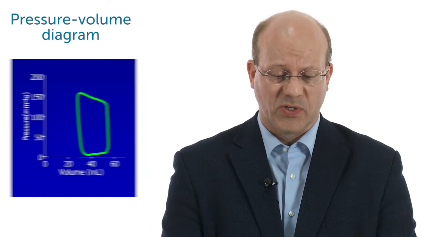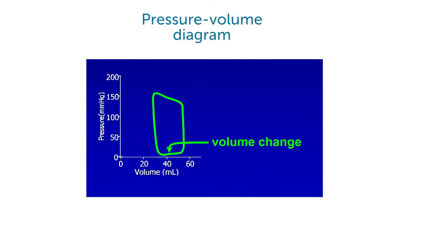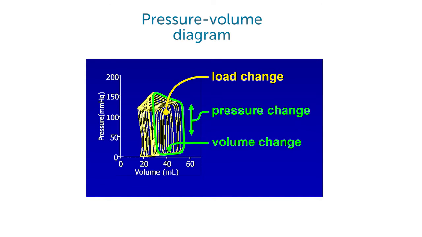We have in these loops the volume change on the x-axis, and we have the pressure change on the y-axis. And if we now change the loading to the cardiac chamber, then these loops change their shape. And what we use to describe myocardial function is that we look at the steepness of the end-systolic pressure-volume relation.